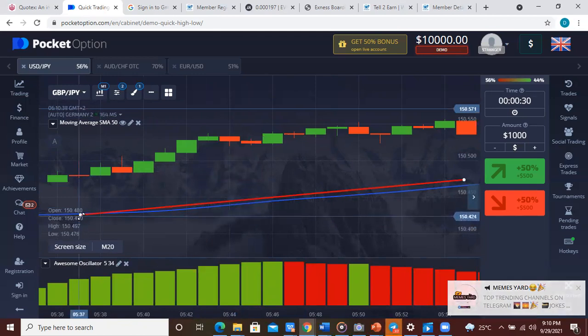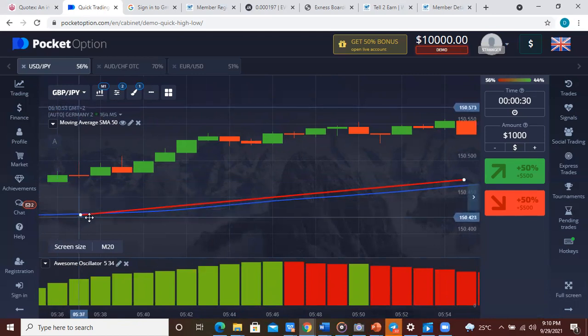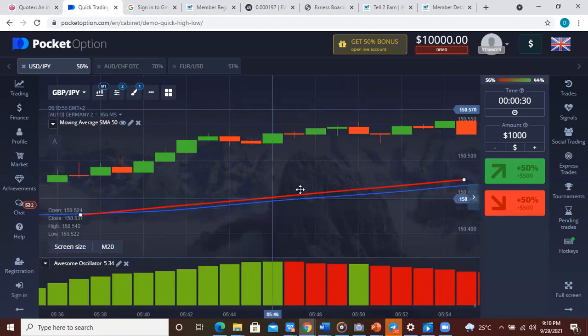When we put the cursor here, we can see that the price is at 150.425, but look at the top, it is 150.475, and this one is at the bottom. So the market is in an uptrend. That is why you are seeing these bars at the top.